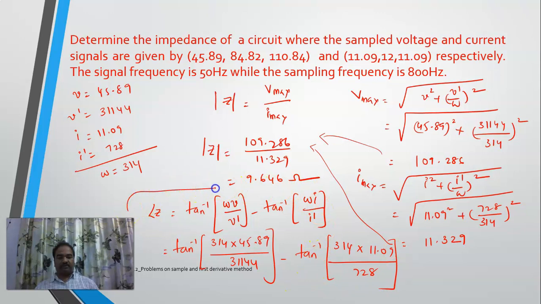Okay, so this is the value of angle Z. If I solve this one, I get 314 into 45.89 divided by 311.